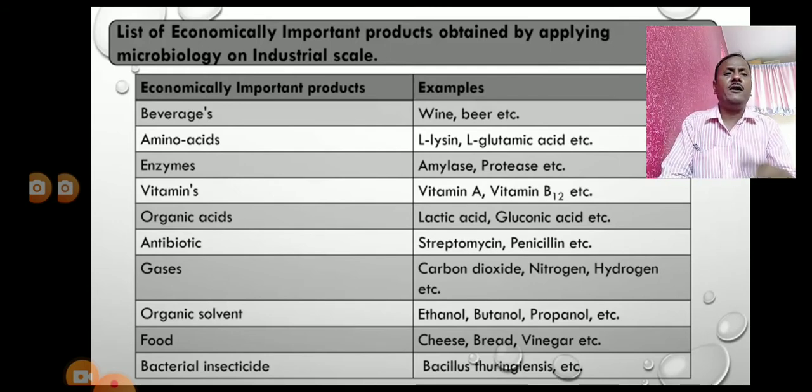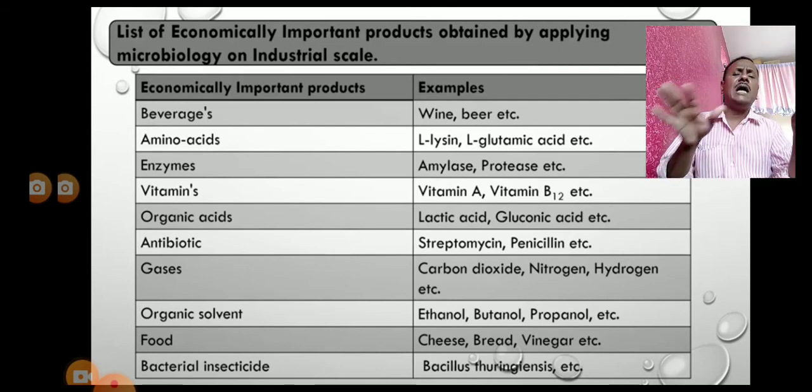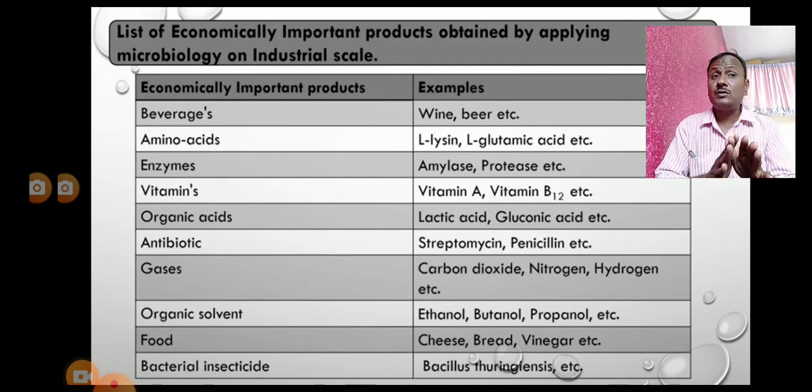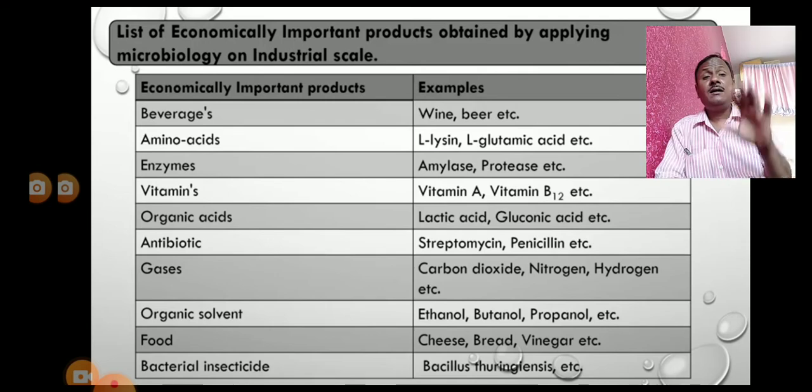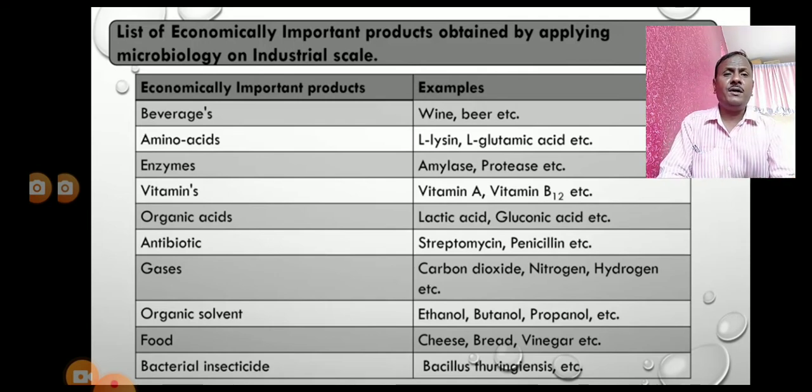Apart from that, amino acids like L-lysine and L-glutamic acid; all the amino acids we can produce by microorganisms at industrial level in the fermentation process. Then enzymes, amylase, protease, and vitamins like vitamin C, vitamin B12 and other vitamins we can also produce by using microorganisms. That's why these microorganisms are very important.